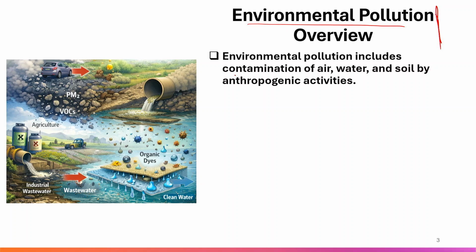It includes contamination of air, water, and soil by anthropogenic activities. So, when air, water, and soil get contaminated, this is environmental pollution.